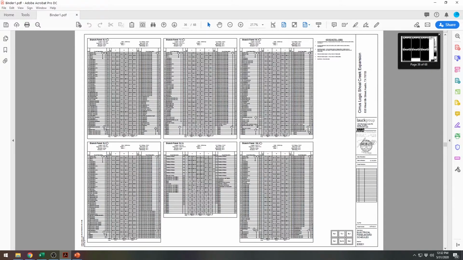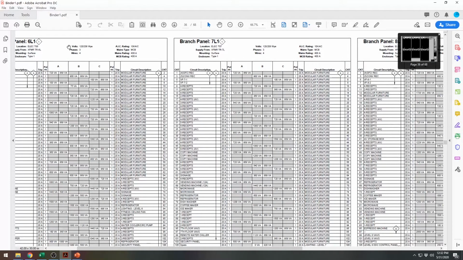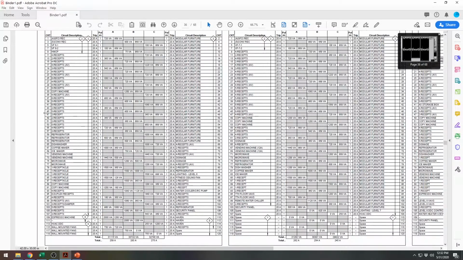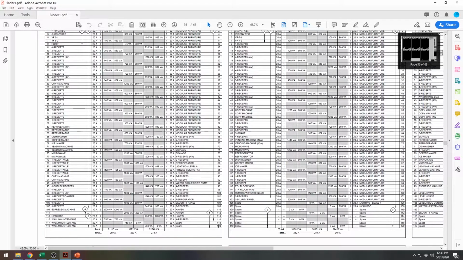Then you have your panel schedules. So I talked about panels a bit earlier about how you probably have these in your house. You may have only one that's 30 or 42 spaces. That's kind of common. In a big building like this, we have huge panels. That is 120 circuits per panel.